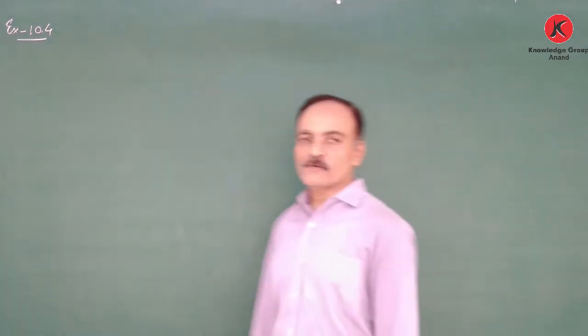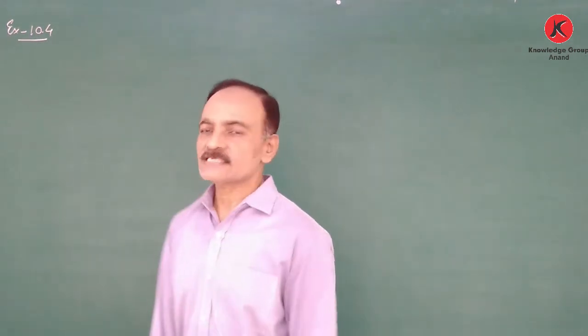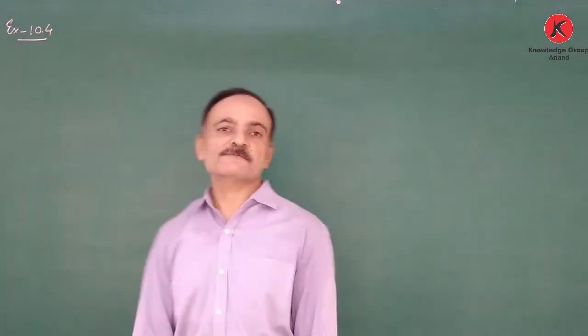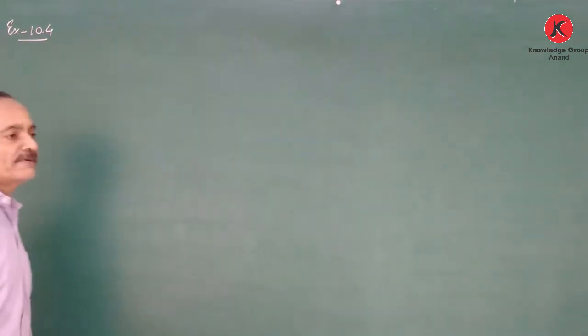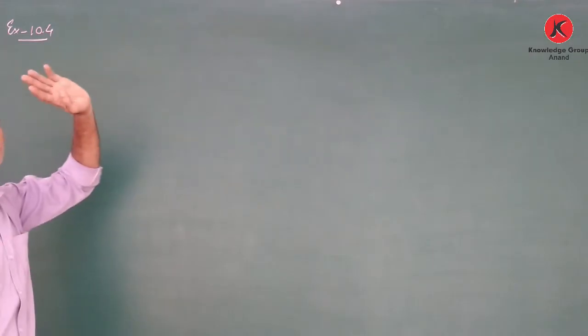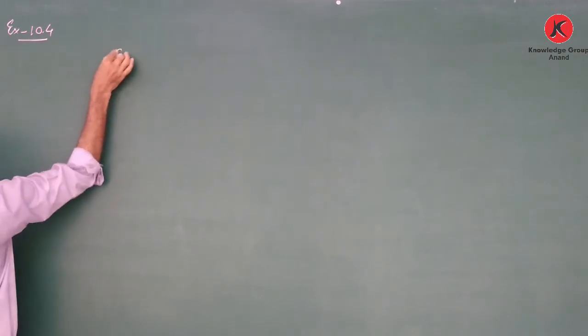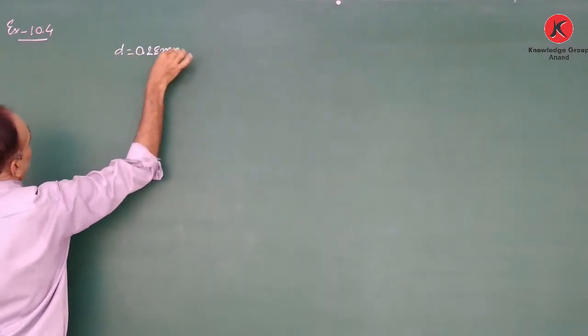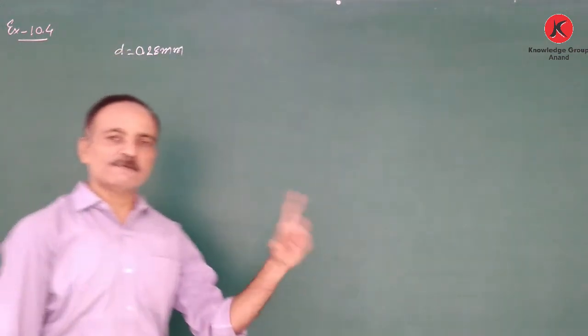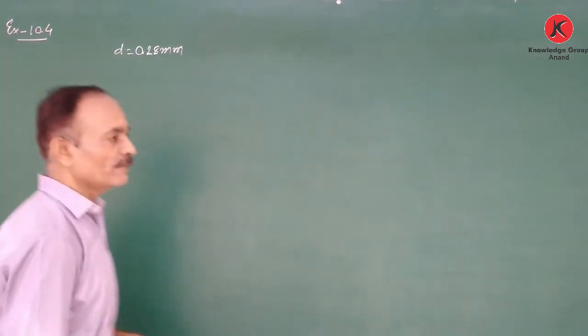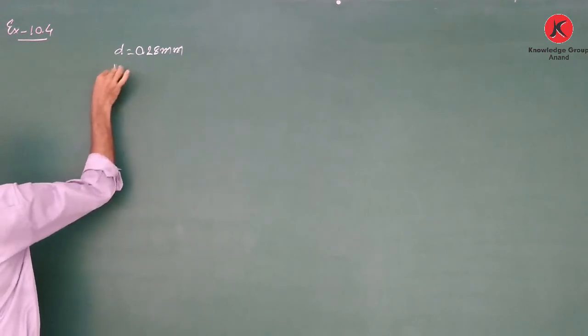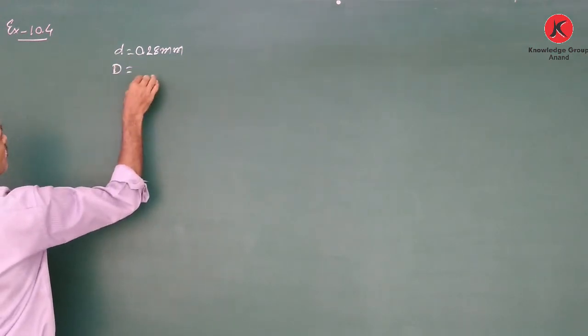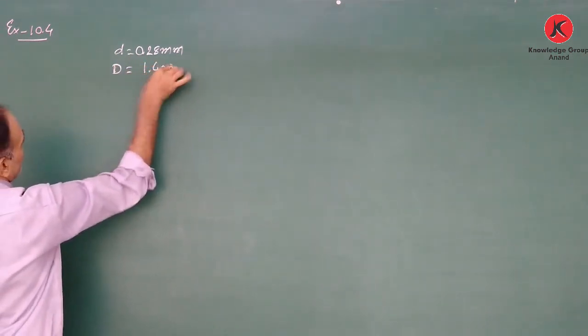Now, the fourth numerical of the exercise is given: in Young's double slit experiment, the separation between the two slits is 0.28 millimeter. That means d is given as 0.28 millimeter. And the screen is placed at a 1.4 meter distance from the slits. Therefore, capital D is 1.4 meter.